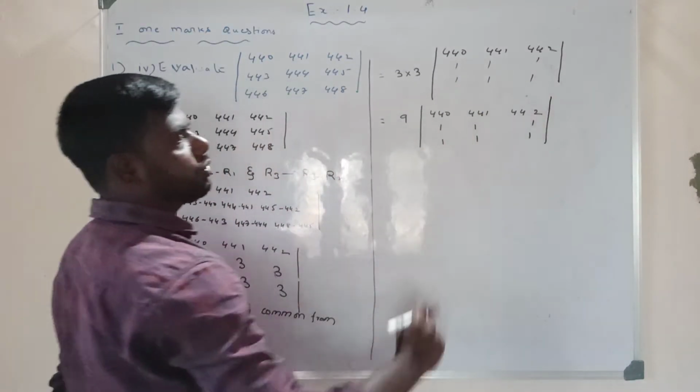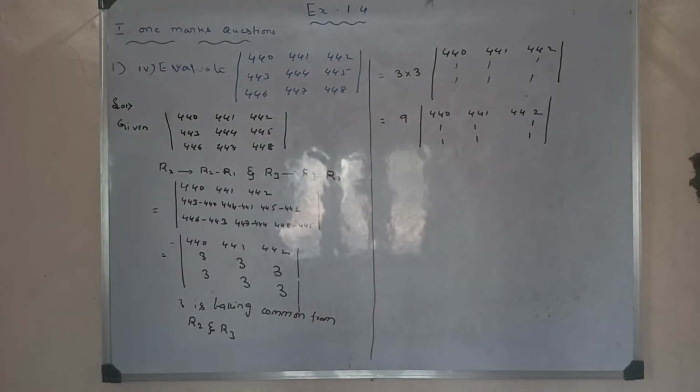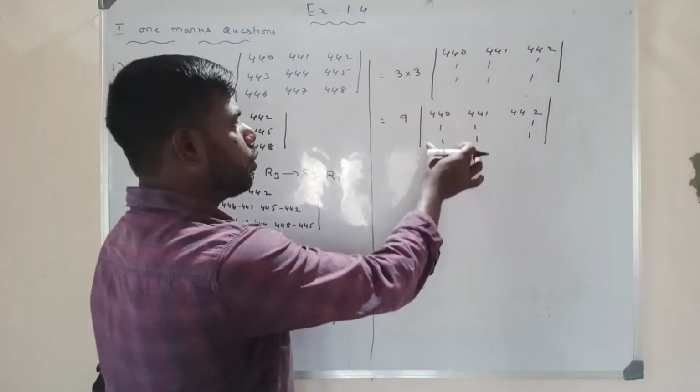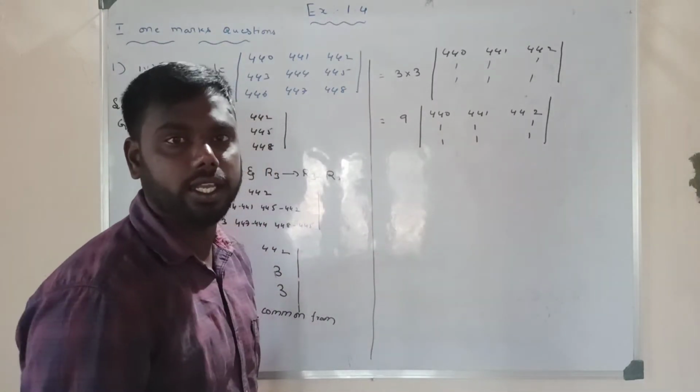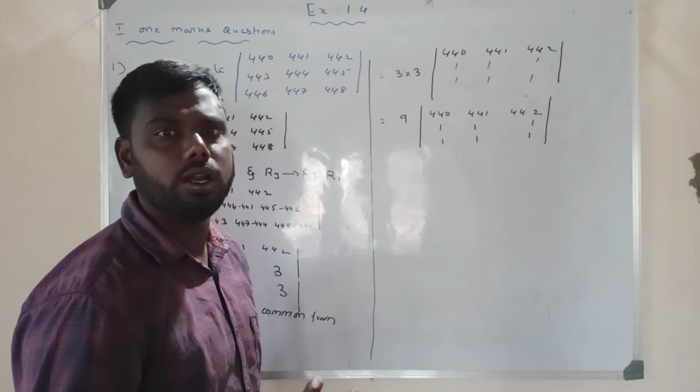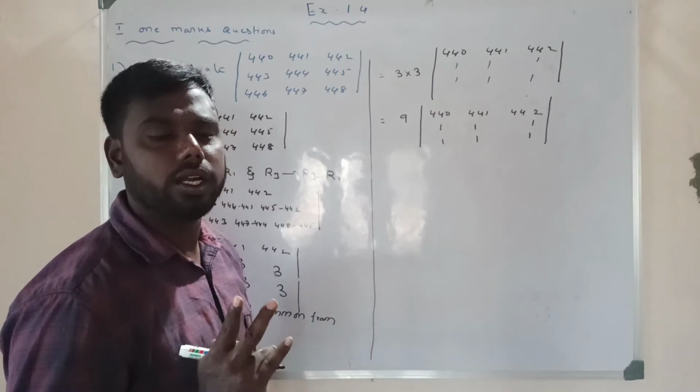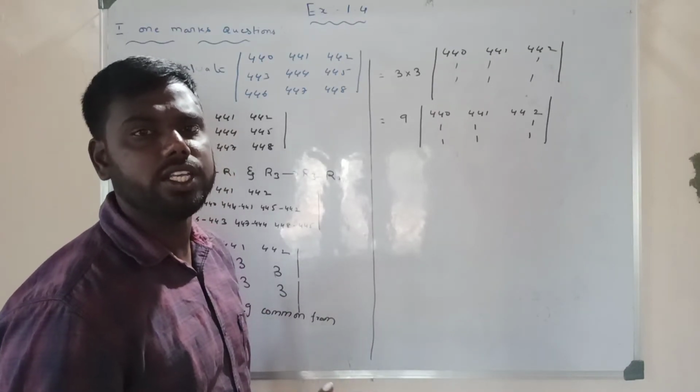So dear students, the second row and third row are both 1, 1, 1. Whenever two rows are identical, the determinant value is 0.